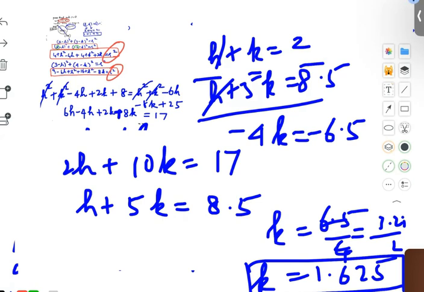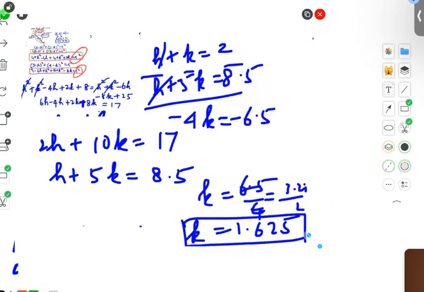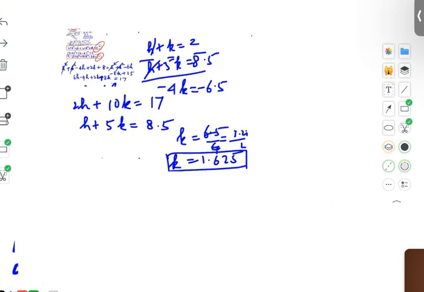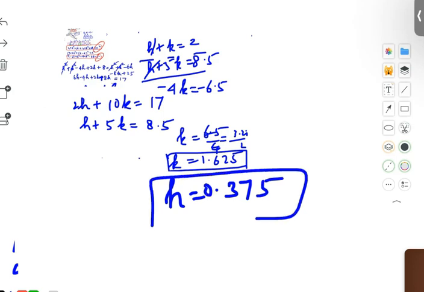What will be the value of h? 2 minus 1.625, 0.375. Exactly.